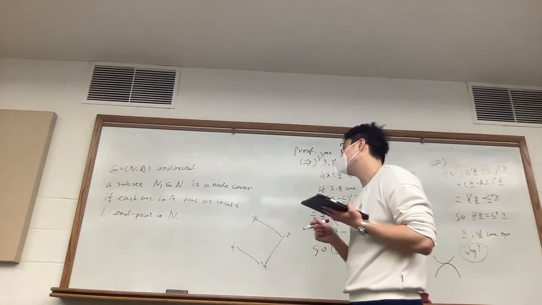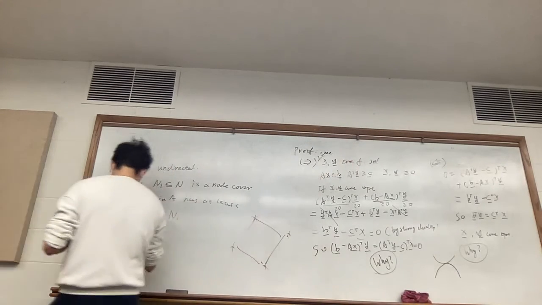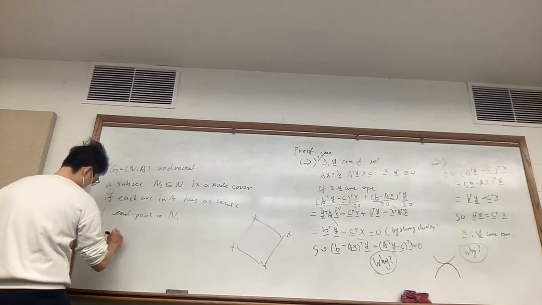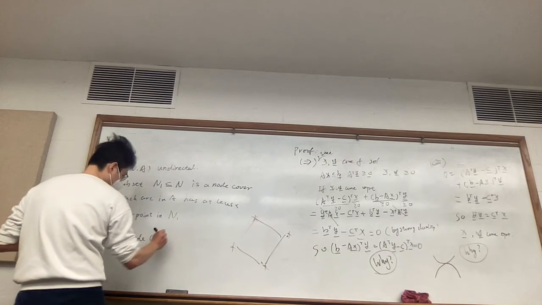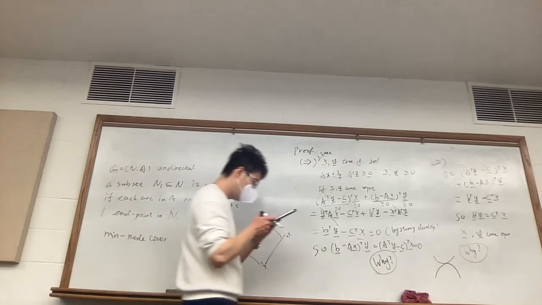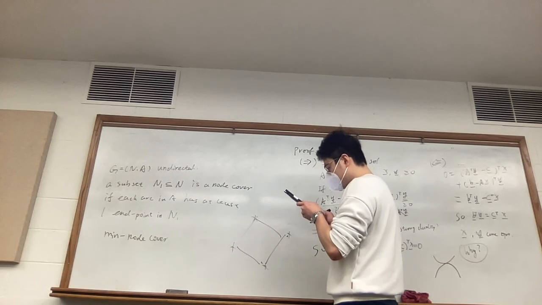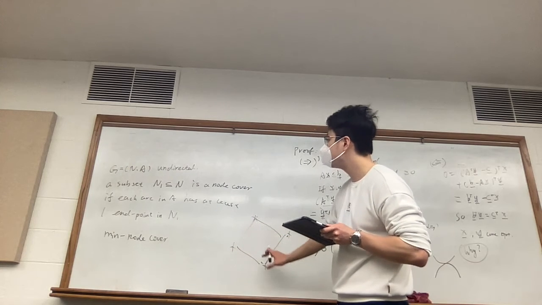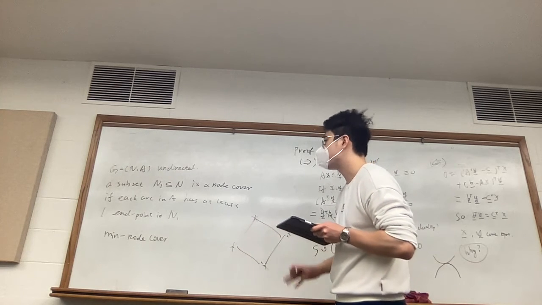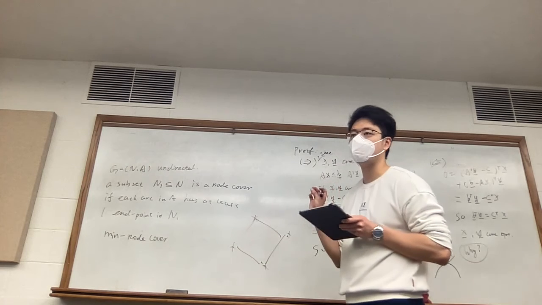Then there exists a problem which is called minimum node cover. Minimum node cover means: how can you find a node cover such that it has the minimum cardinality?